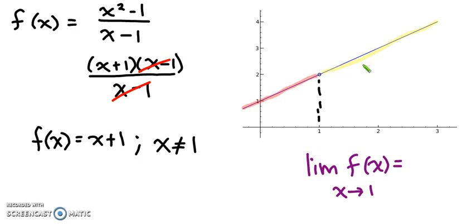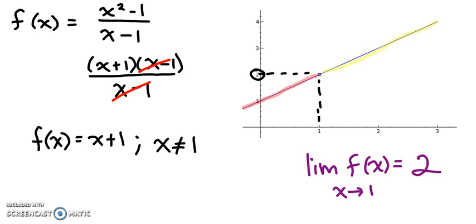As both the left side and the right side move closer and closer towards x equals 1, we seem to be getting the output value of 2. So the limit of f of x as x approaches 1 in this case would equal 2.